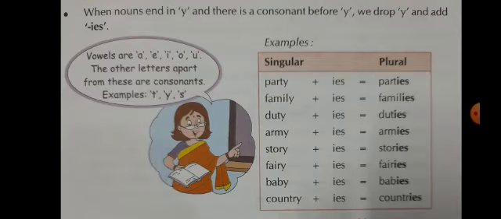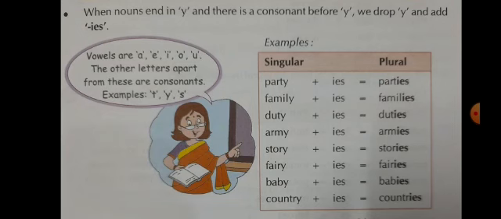When nouns end in y and there is a consonant before y, we drop y and add ies. Means if there is y in the last of a singular noun and before that there is a consonant. So, let us have an example. Party.